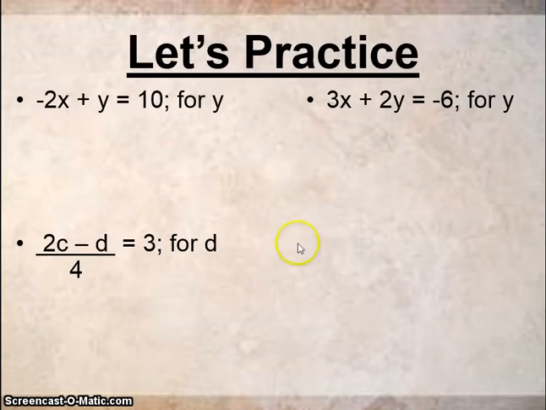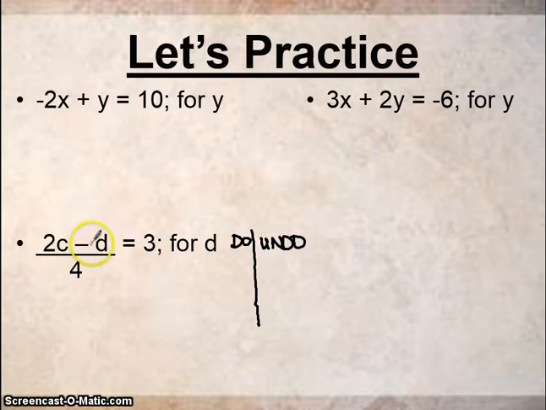Okay. Let's look at another example. We have 2c minus d divided by 4 equals 3. This is actually a 3-step equation. So we're going to use a do and undo chart. And remember, when a variable does not have a constant, what number is written before it?